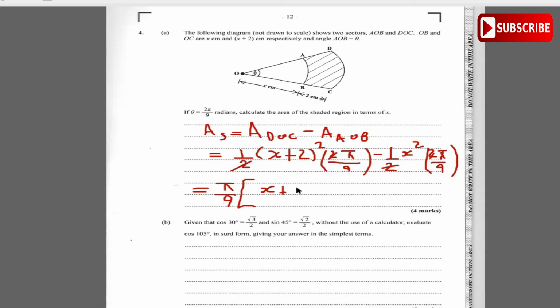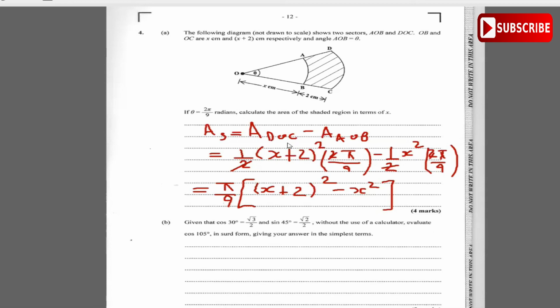You can simplify this if you want. You can identify that this is a difference of two squares and then simplify it, or you can expand out the bracket and simplify it.